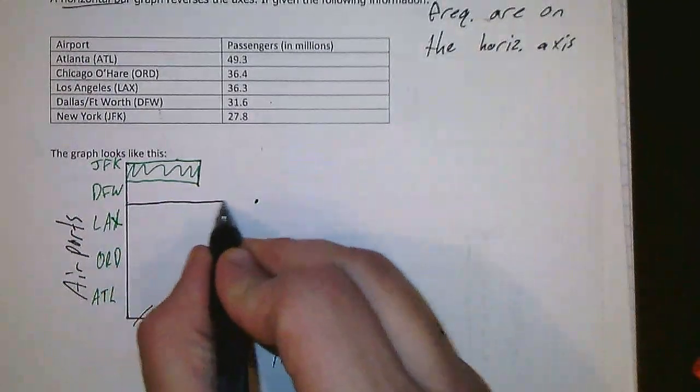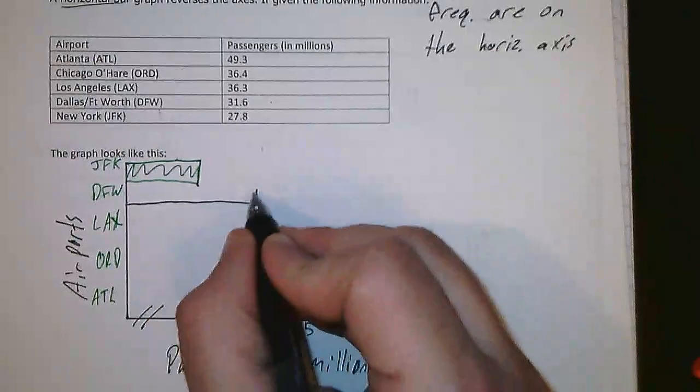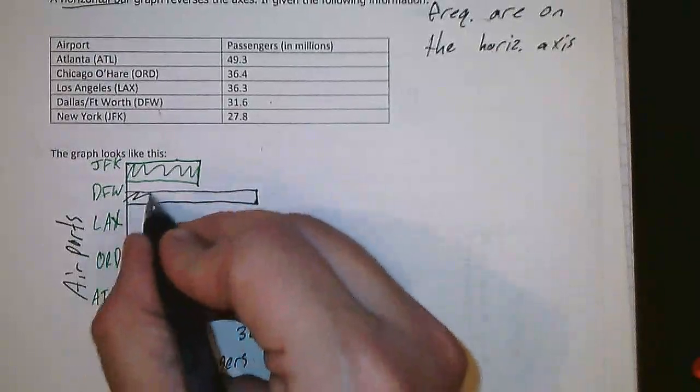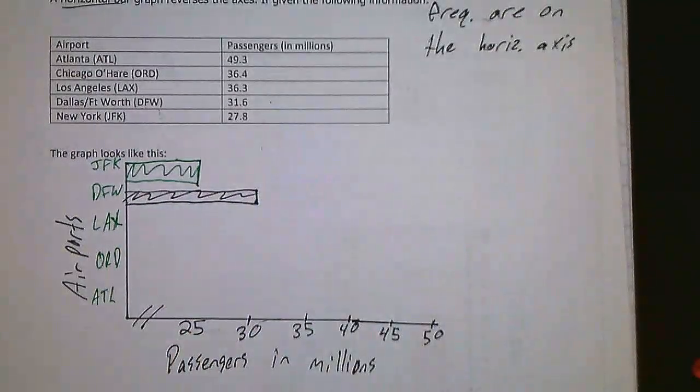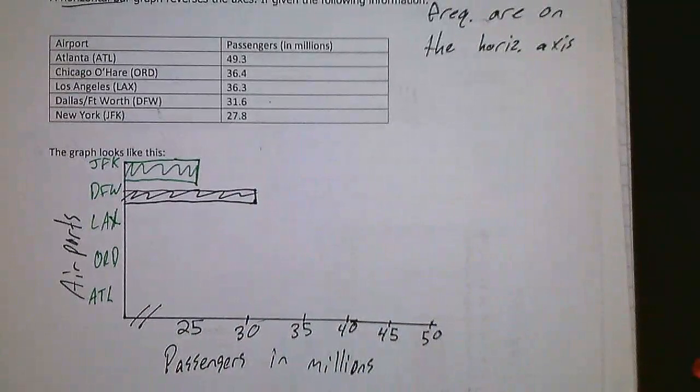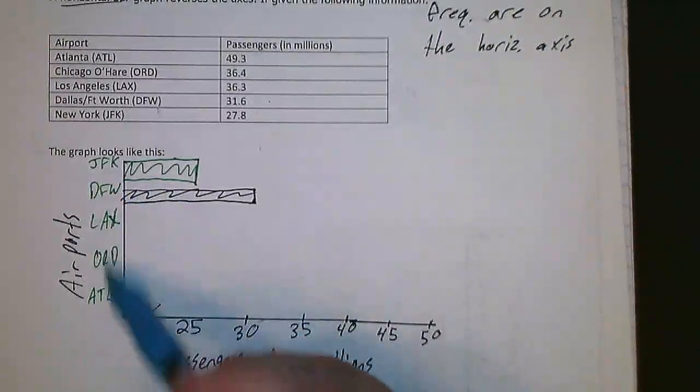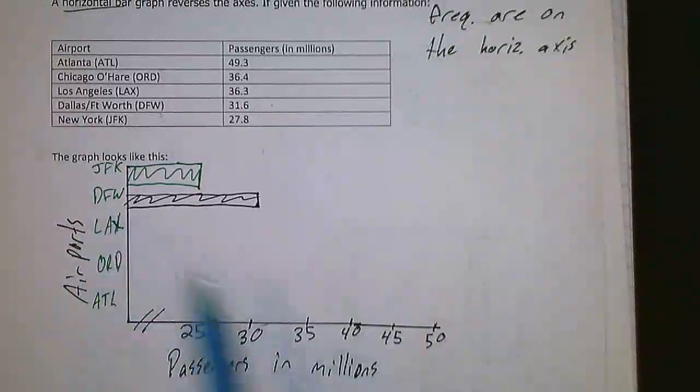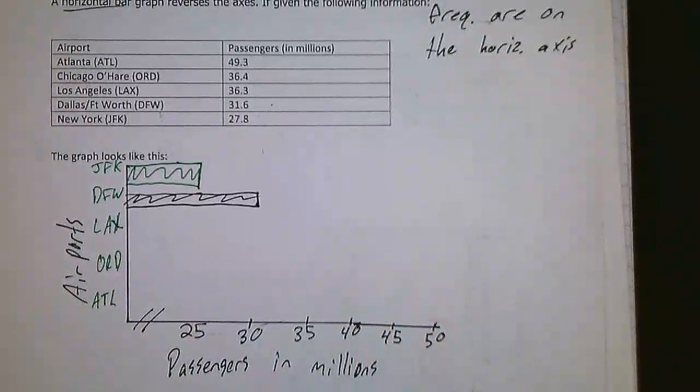Of course, this won't be exact. We're doing just kind of as good as we can. And it really doesn't matter what order these are in, as long as they match the right number.